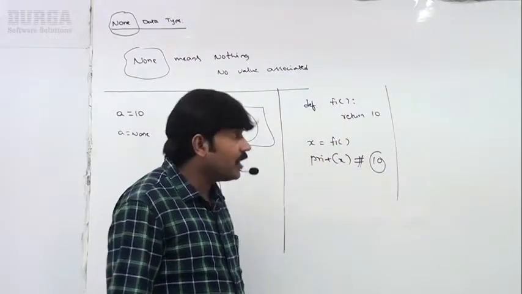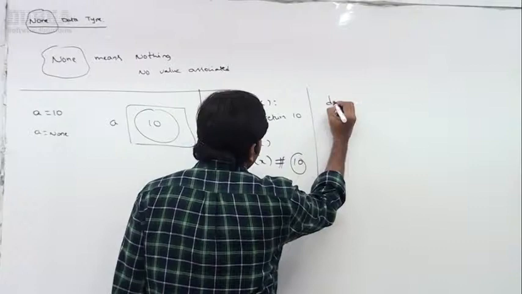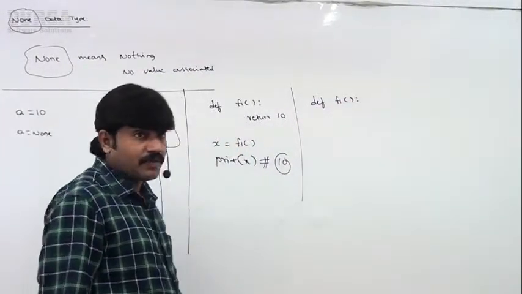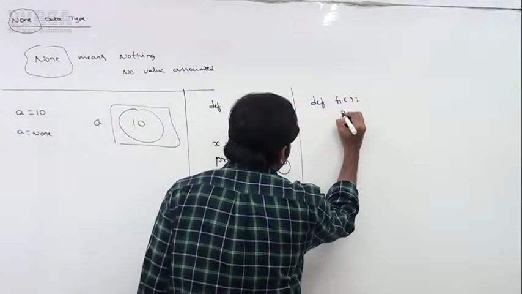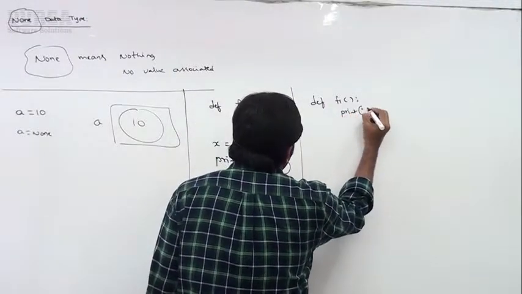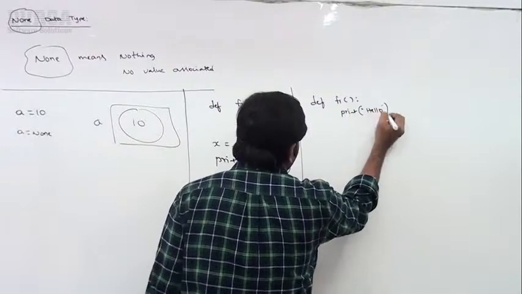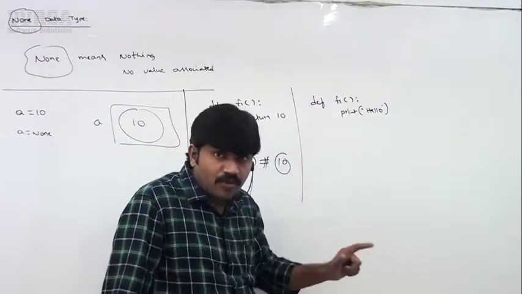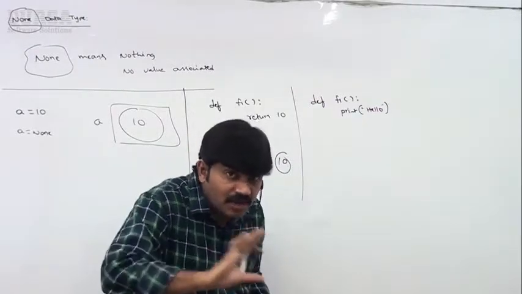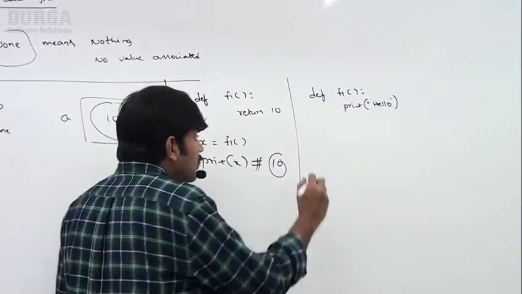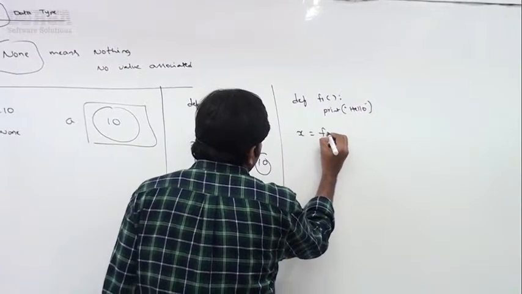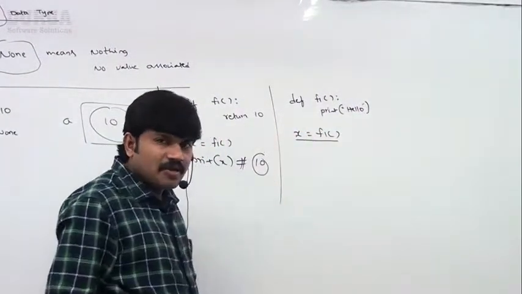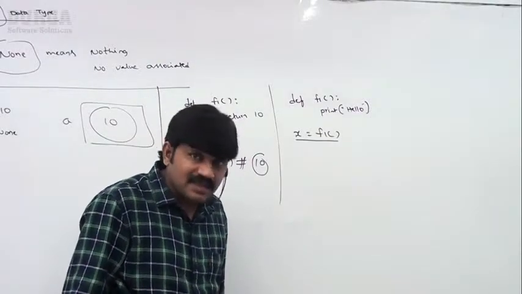Assume that I'm taking def f1, which just does print of hello, that's all. This function is responsible only for printing hello. This function is not going to return any value. Still I'm calling that function and storing the returned value inside x. Does f1 return some value?